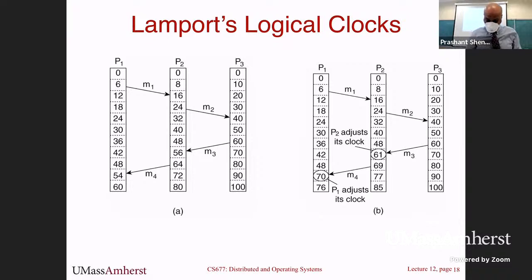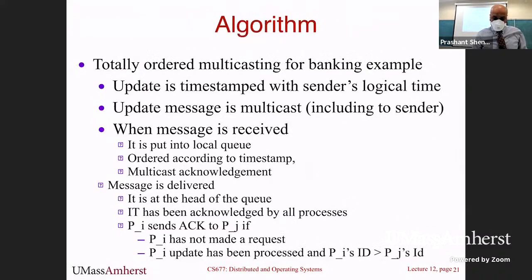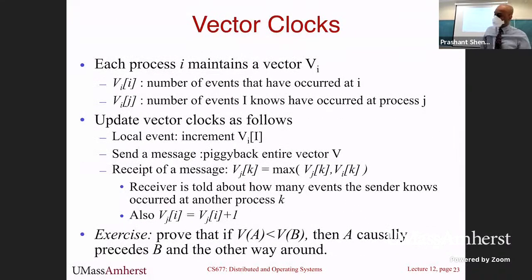Okay. All right. So that is vector clocks, and you can see now the vector clock algorithm. It says if there's a local event at process I, you increment the ith element of that vector. Okay. When you send a message, you piggyback the vector. Same thing in Lamport's clock. When you receive a message, you essentially do max of the two vectors, and then you add one to the jth element.